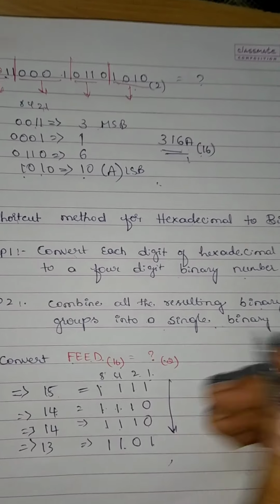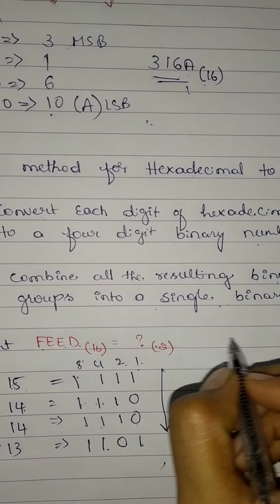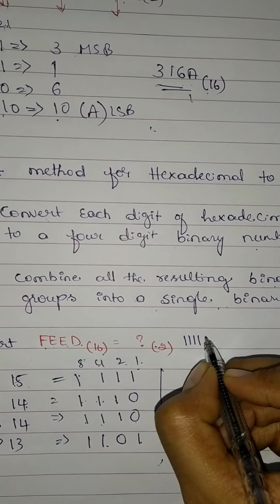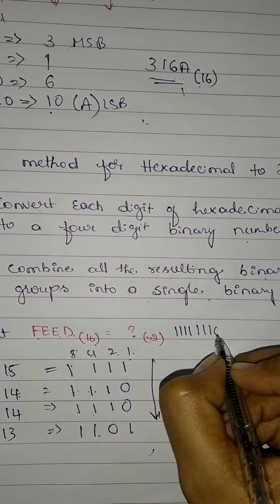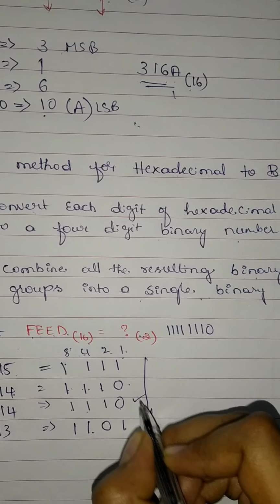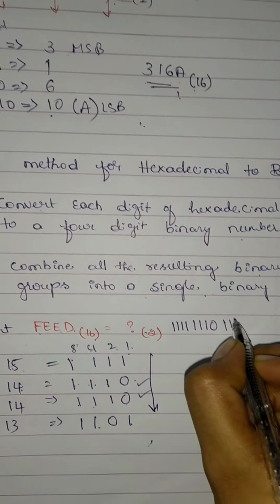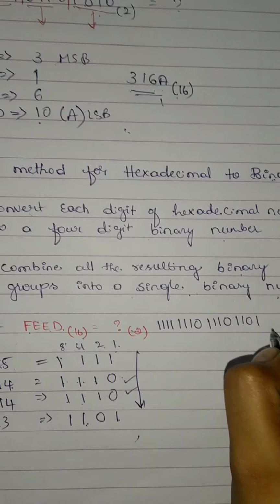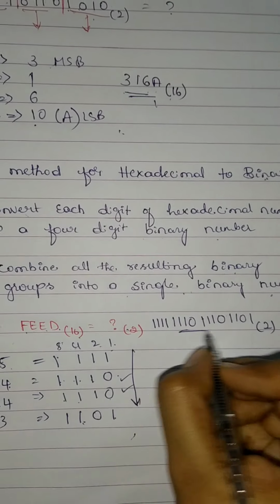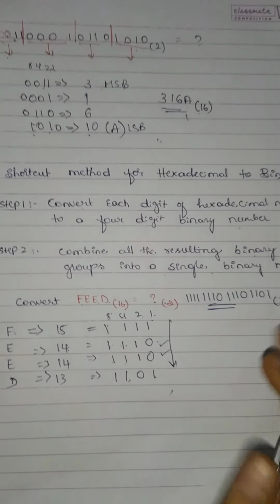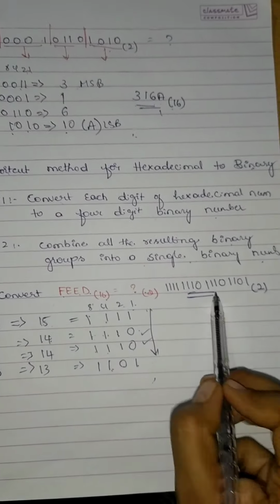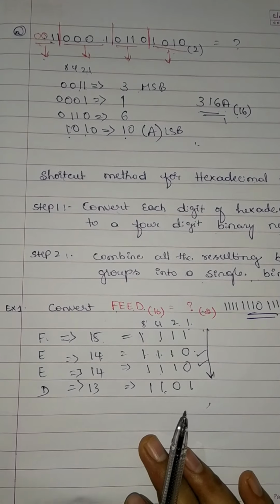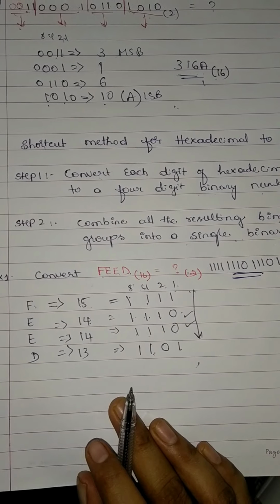So the equivalent value of FEED in binary is 1111, then 1110, again 1110, then the last one, 1101. The radix is 2, because we have converted the given hexadecimal to binary. These kinds of problems are very important in your examinations.